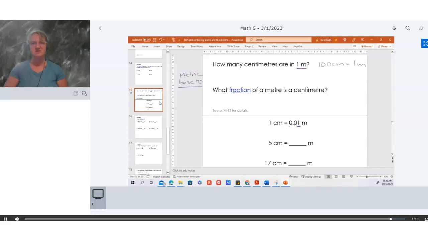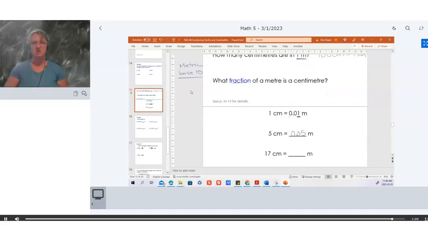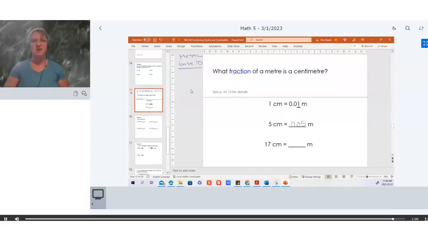So if we have 5 centimeters, it would be 0.05 or 5/100ths of a meter. And if we have 17 centimeters, then it will equal 17/100ths of a meter.